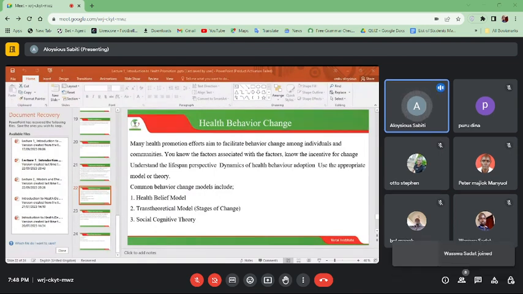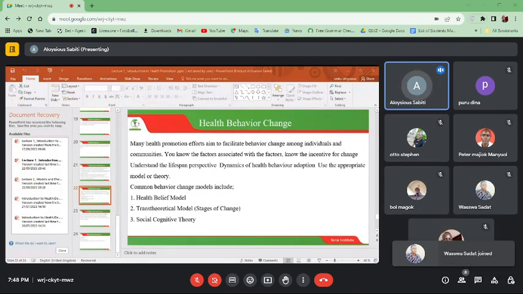For example, if you look at the Malthusian theory, it looks at the possibility that if the population exceeds the food production, then there is going to be a population trap. Likewise, the social cognitive theory explains that an individual's environment determines how they behave.